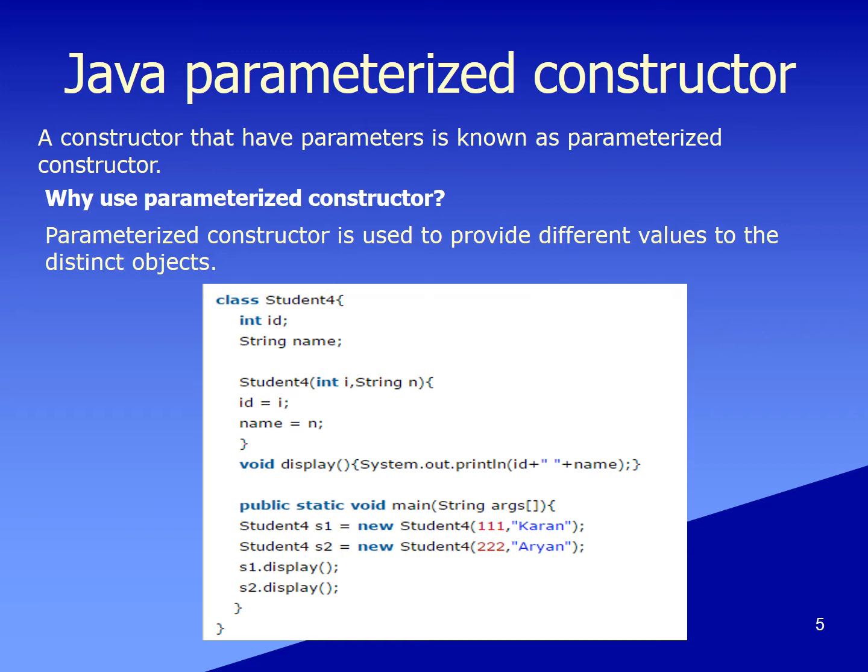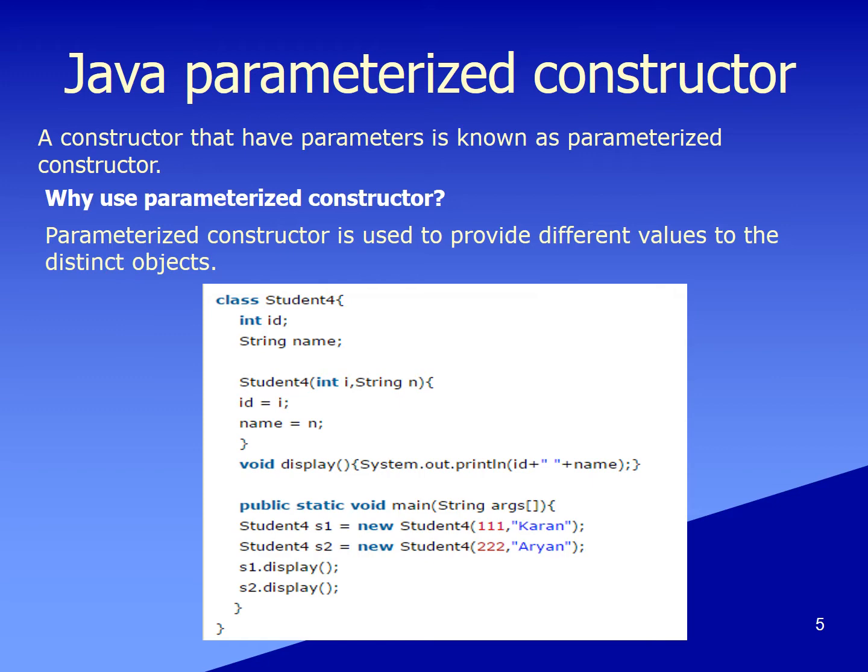Class Student4, with int id and String name. Student4 is the constructor. Here int i and String n, that means two arguments have been passed to Student4. So this is a parameterized constructor, because there are parameters of two variables, int i and String n.